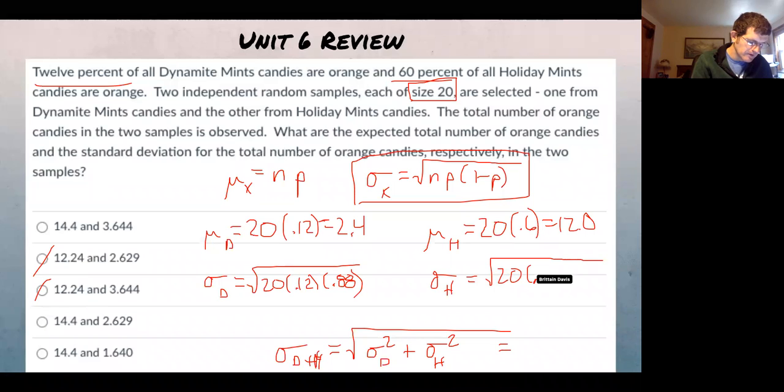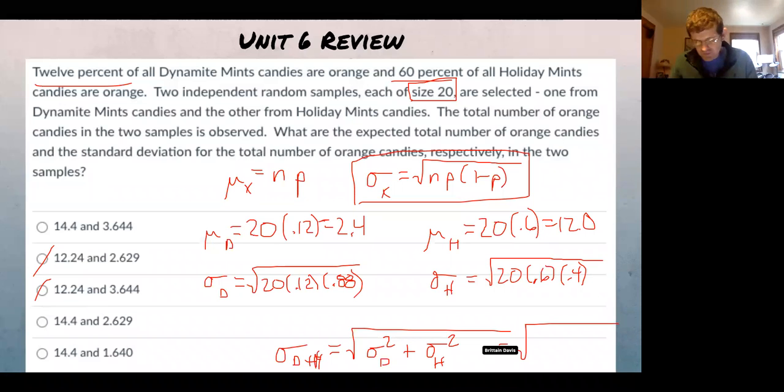This time there's a 0.6 success rate and a 0.4 failure rate. So I'm just going to plug those numbers in and then plug them into this equation down here. Hope you guys do the math as well at home.